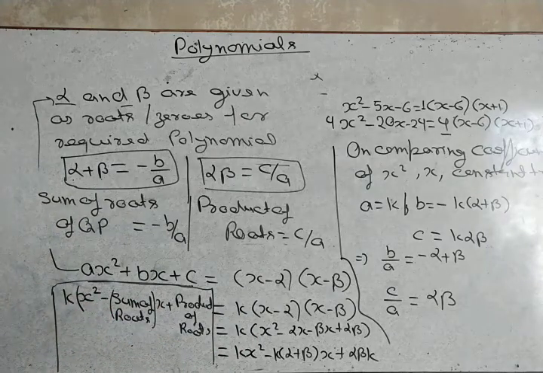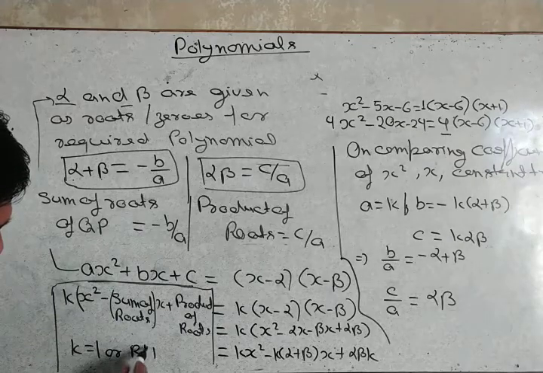The polynomial is given like this, where k is either 1 or any rational number.